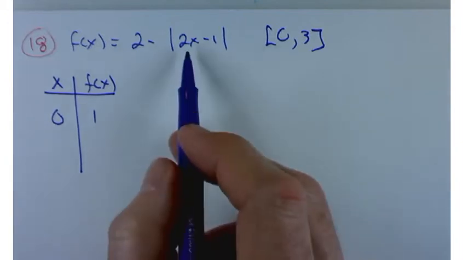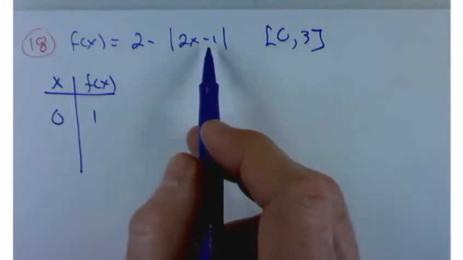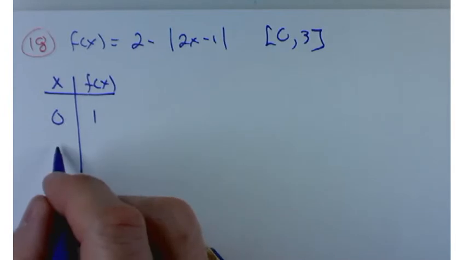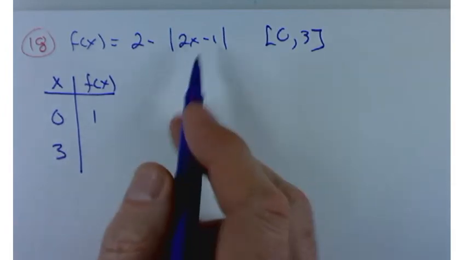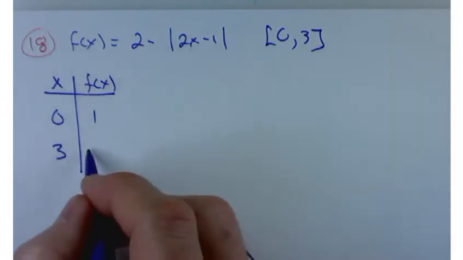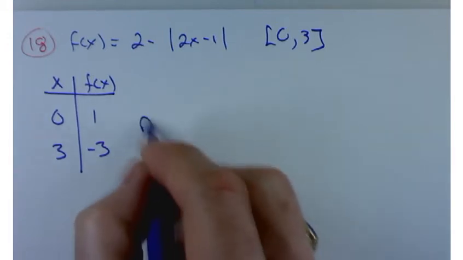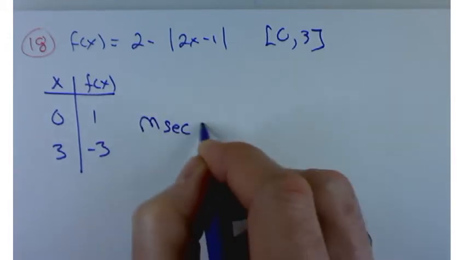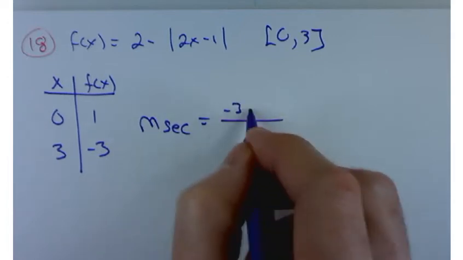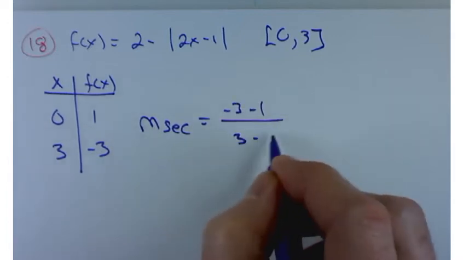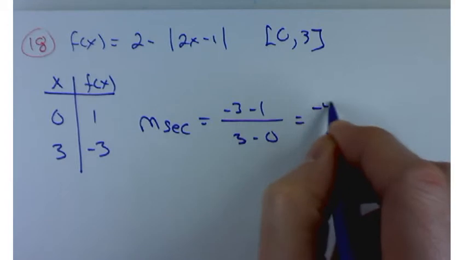If I had a 3 here, that'd be 6 minus 1 is 5. So 3 would be negative 3? All right. So the slope of the secant line here would be negative 3 minus 1 over 3 minus 0, which would be negative 4 thirds.